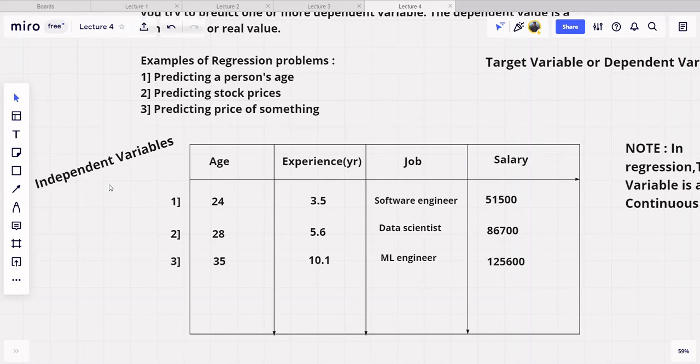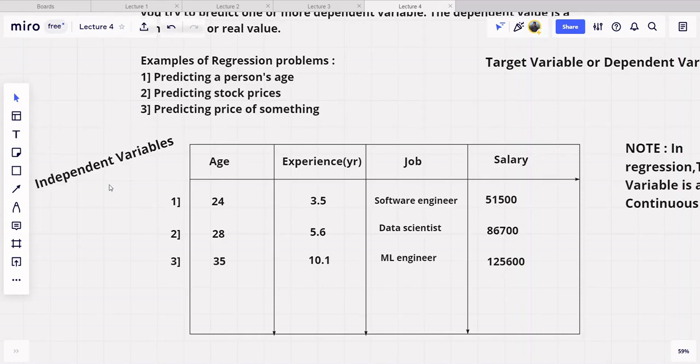So basically whenever you're trying to predict a continuous value, we call the problem a regression problem. For example, if I wanted to predict the salary of a person given their experience, this problem statement is a regression problem because we are trying to predict a continuous variable called salary.